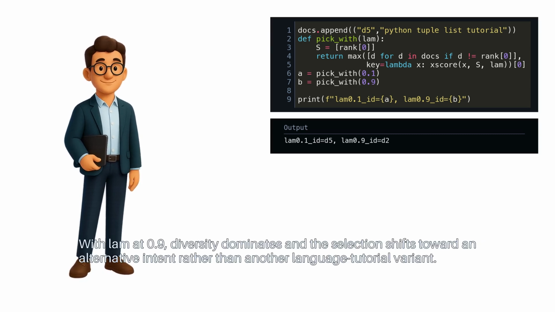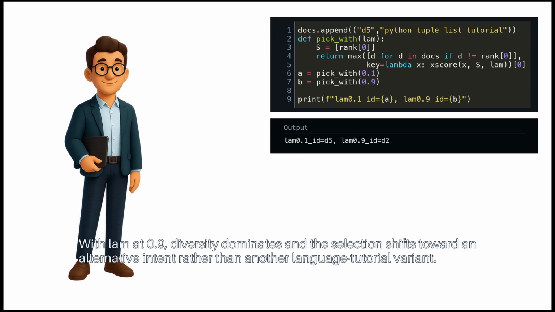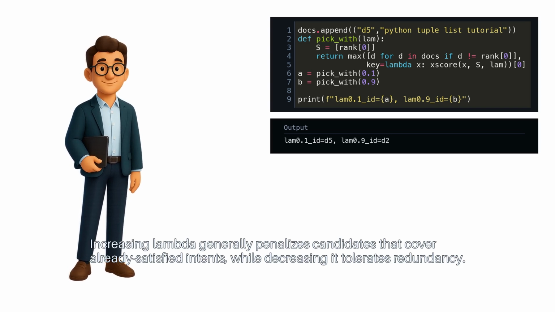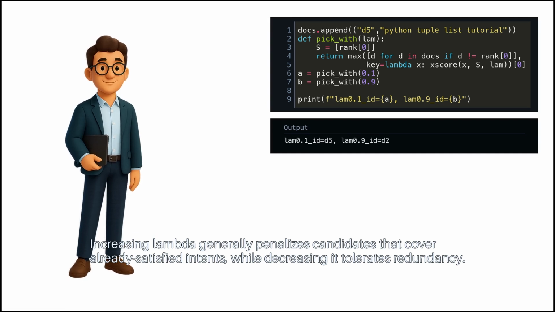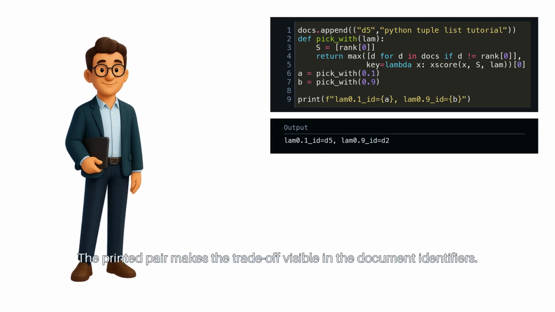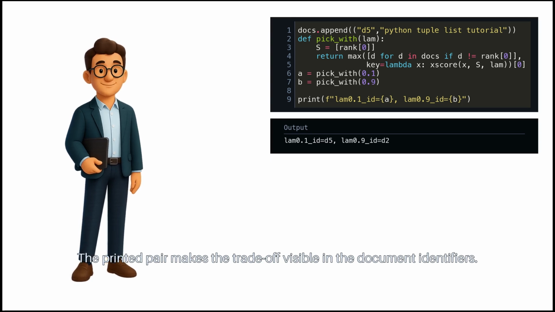With lam at 0.9, diversity dominates, and the selection shifts toward an alternative intent rather than another language tutorial variant. Increasing lambda generally penalizes candidates that cover already satisfied intents, while decreasing it tolerates redundancy. The printed pair makes the trade-off visible in the document identifiers.